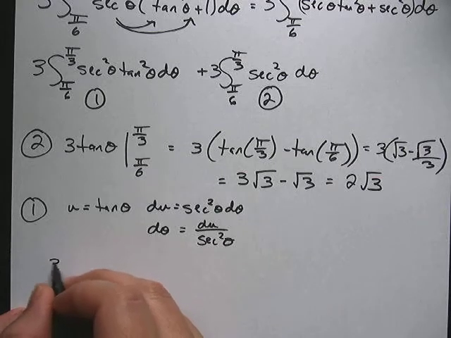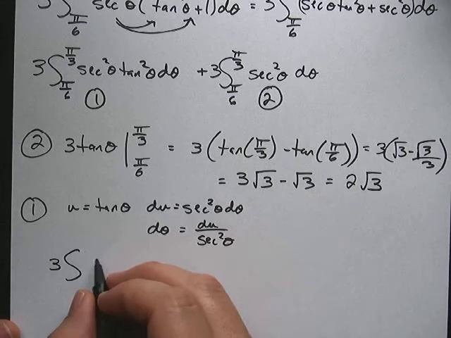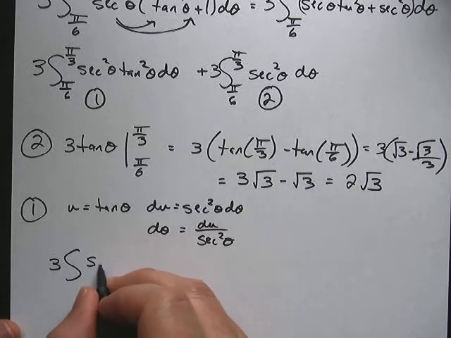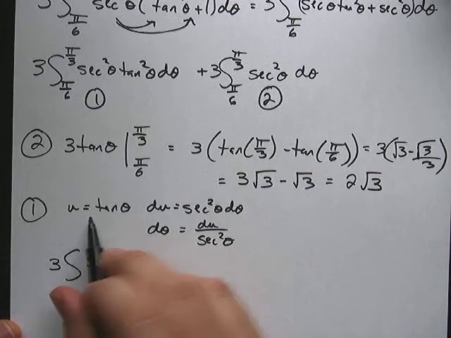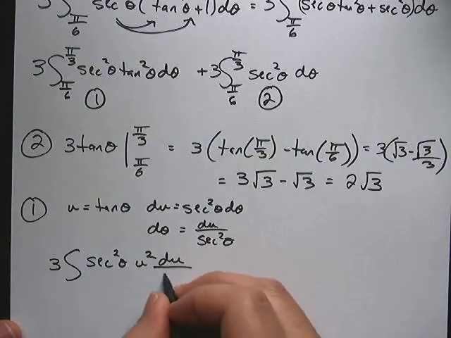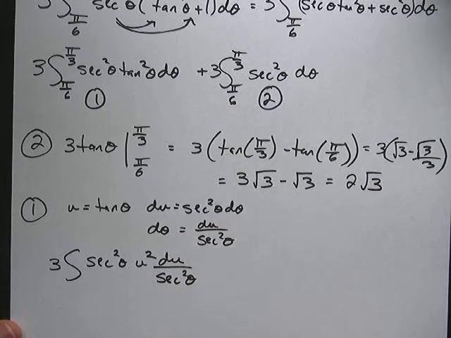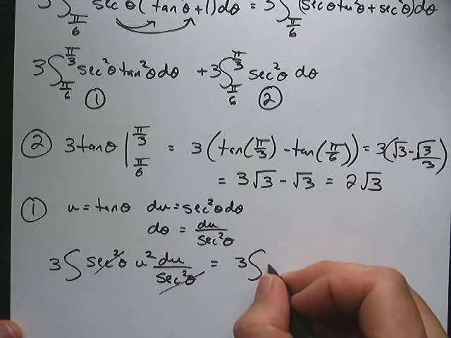So we get, I'm going to leave my limits alone for now. I'm going to substitute back in. So 3 times secant squared theta, and then we've substituted u here for tangent, so that's u squared times du over secant squared theta. Okay, those cancel. So we get 3 times the integral of u squared.